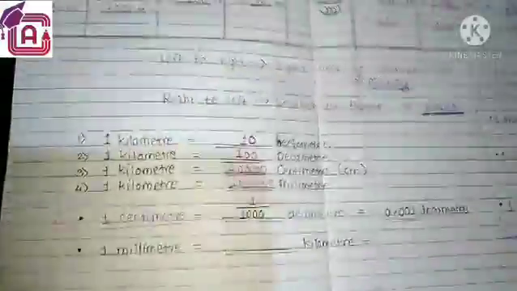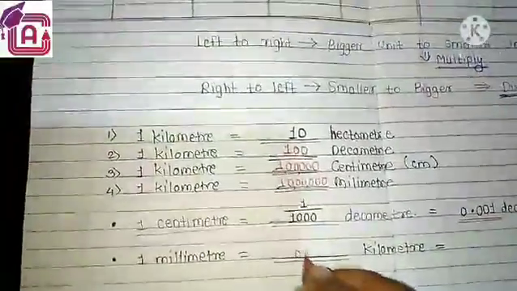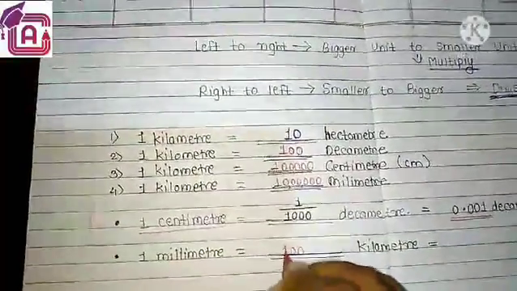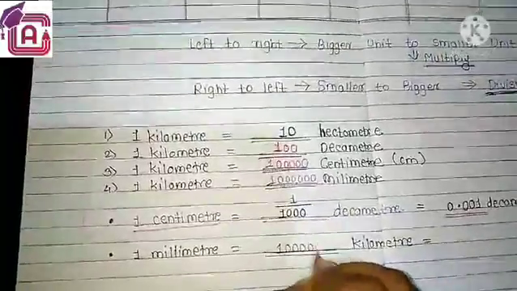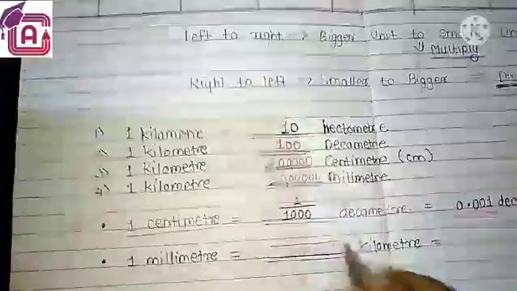So how to calculate? Check the places: 1, 2, 3, 4, 5, 6, at the 6th place. So I am writing 6 zeros on a 1. And with this amount 10 lakh is coming at the denominator side. And write down numerator as 1.